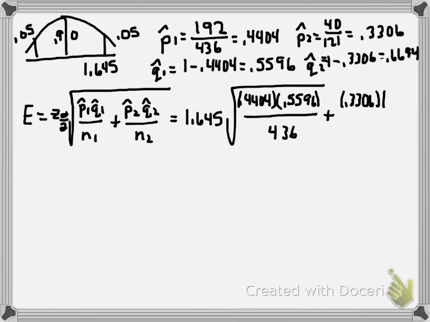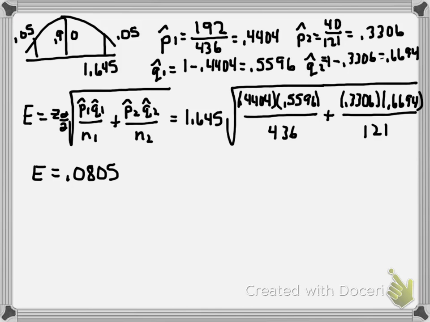Q hat 2 is 0.6694. The second sample size is 121. So working that all out, you should end up with 0.0805. Just a reminder that the margin of error for proportions should always be rounded to 4 decimal places.